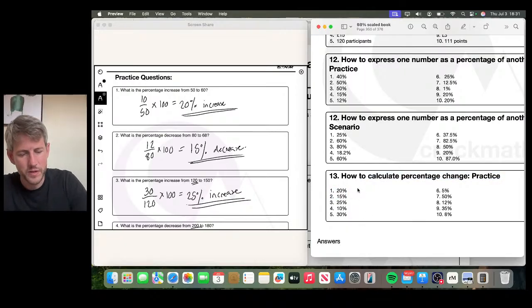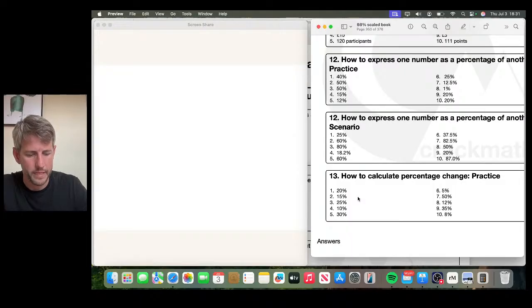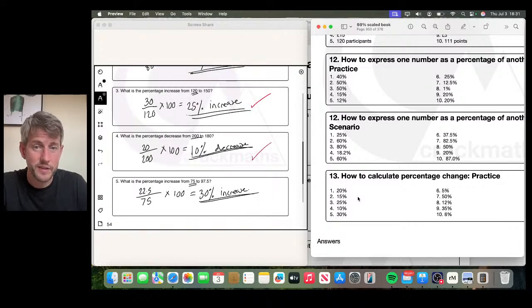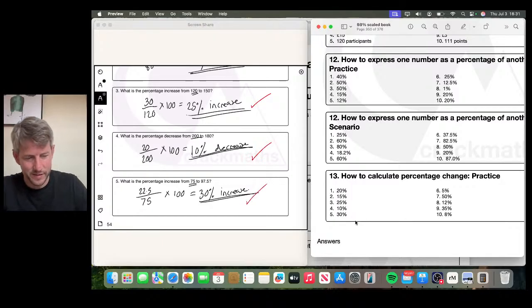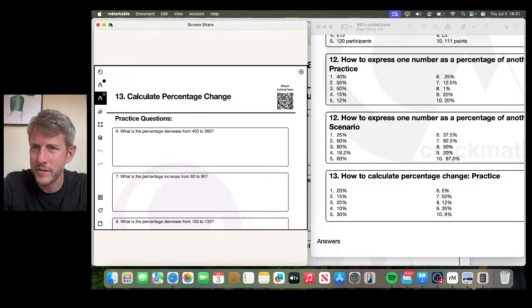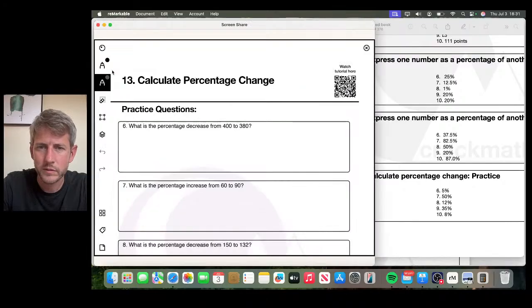Okay, right. So 20%, 15%, yep. 25%, yep. 10%, yep. And 30%. Excellent. Okay. Next round on here. Oh, and then we've finished that page of answers. That would be nice. Right.